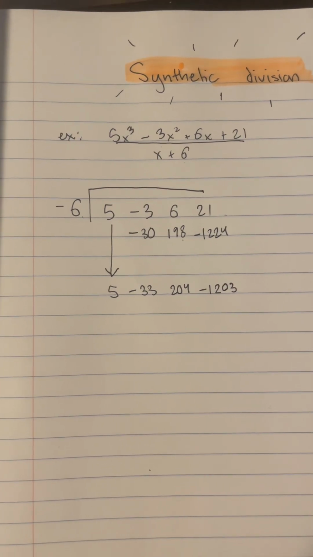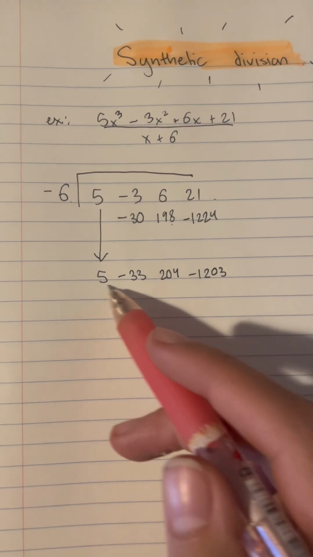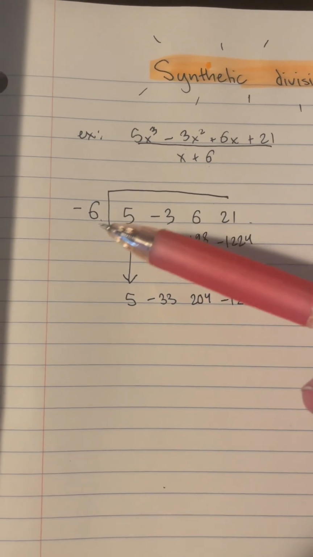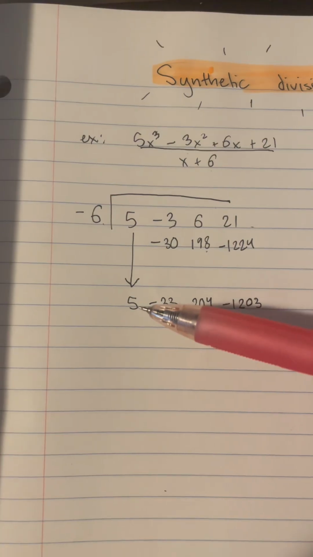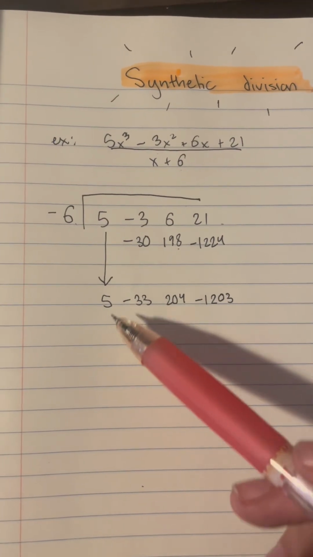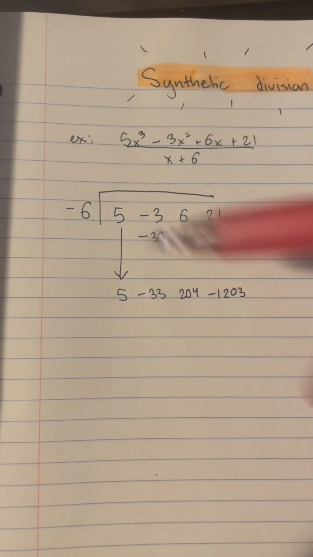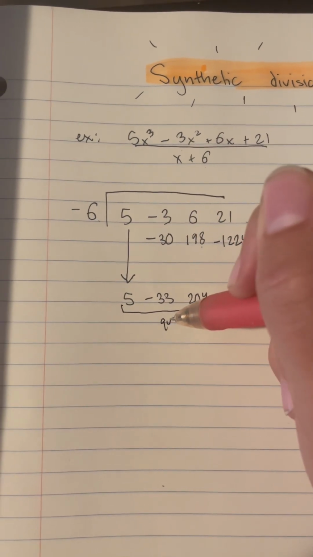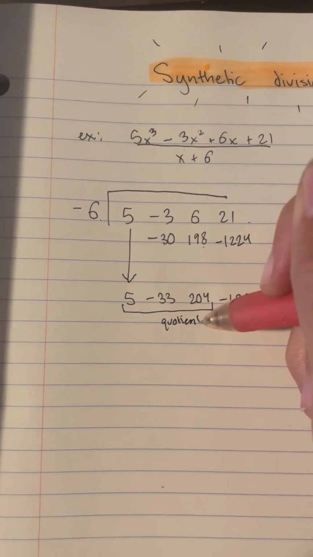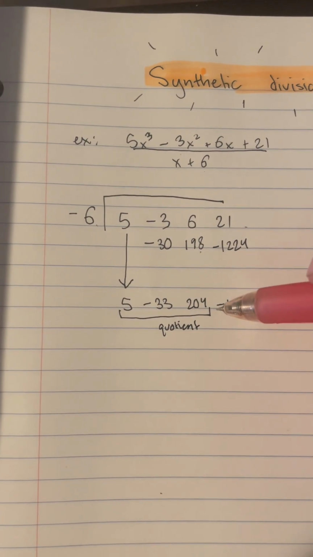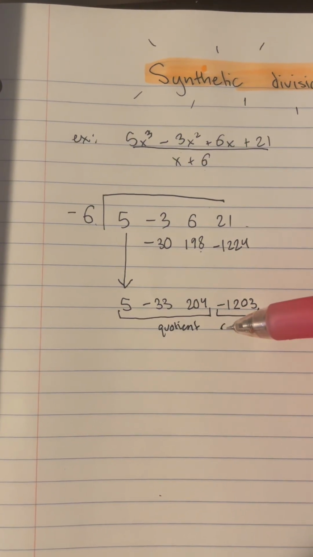At this point, this is almost our solution. We just need to add back the variables. So if this 5 used to be with an x cubed, now you'll have 5x squared. First I should note that this is your quotient, and your last term is your remainder.